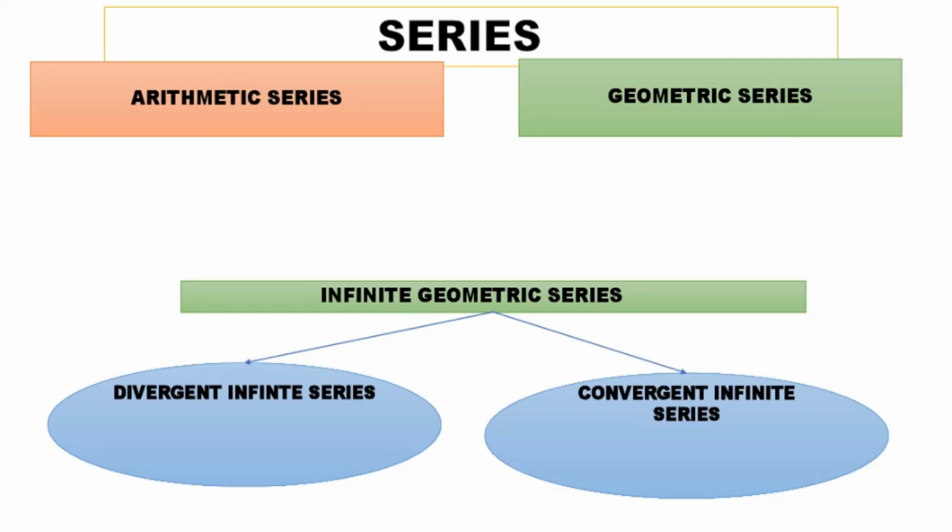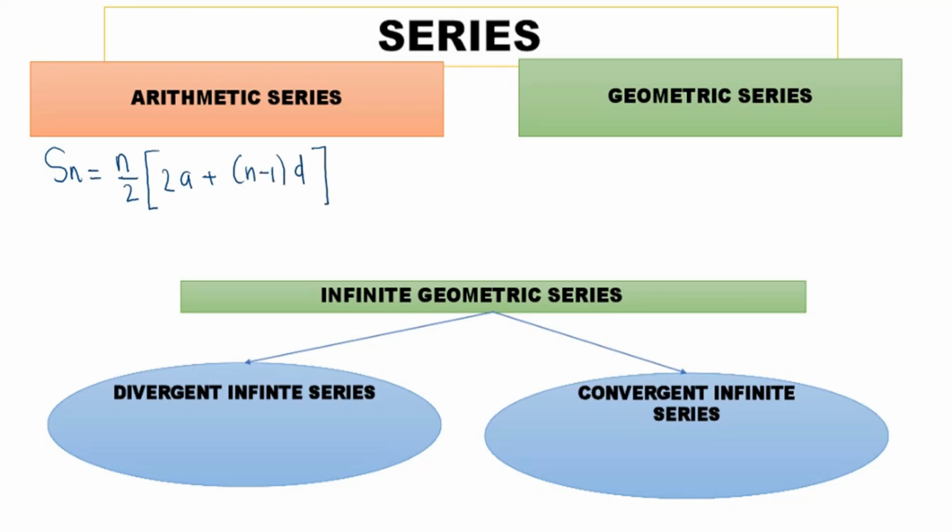When we are evaluating an arithmetic series, the formula that we use to get the sum is Sn equals n over 2 times, open brackets, 2a plus n minus 1 times d.